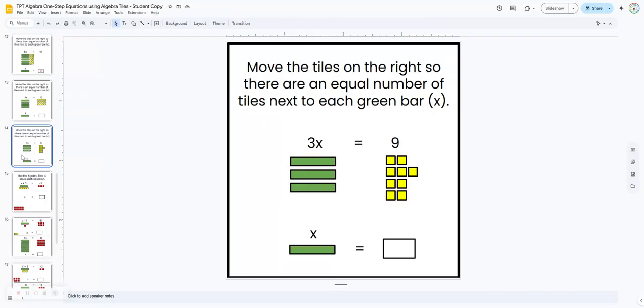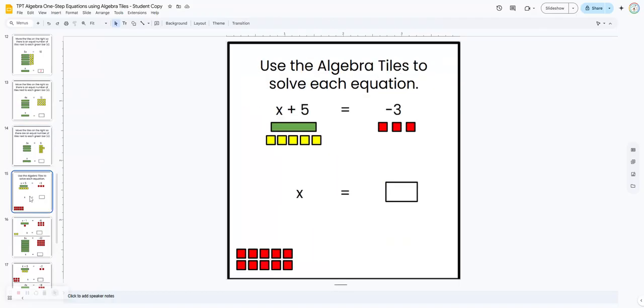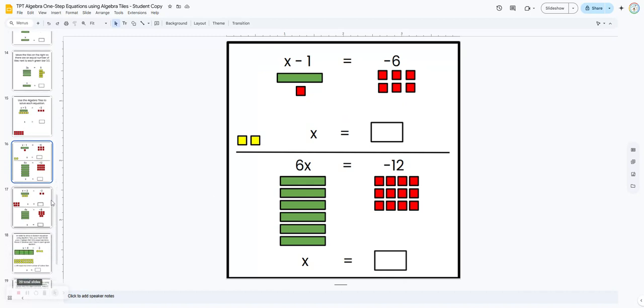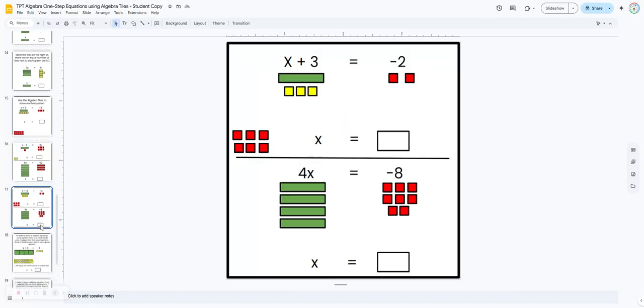Same thing on the next slide. And then we've got another practice equation with addition. They're going to add tiles to make 0 pairs. Same thing here. Then we've got a multiplication problem and a couple more to practice.